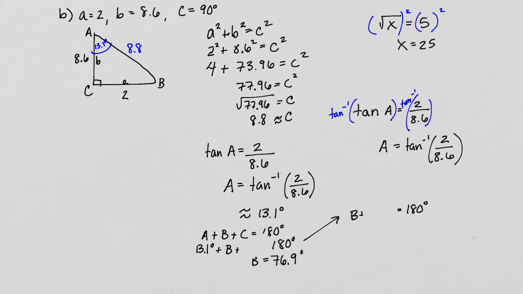C is 90 degrees. 8.6 is side B. I just wrote the wrong thing down there. So if you add 90 and 13.1, you end up with B plus 103.1 is equal to 180. Then if you subtract 103.1 from both sides, you get 76.9. Thank you. Yeah, I messed that up.